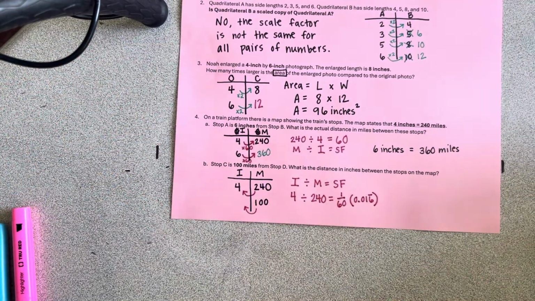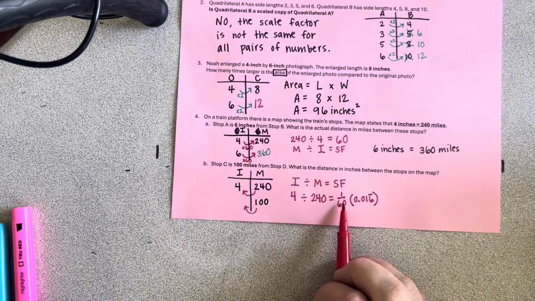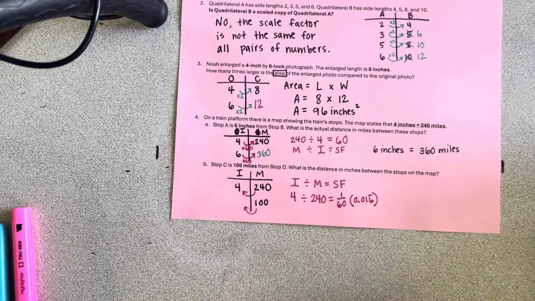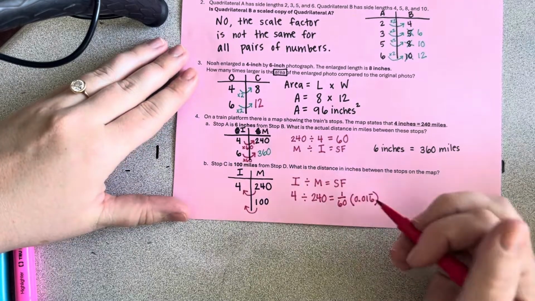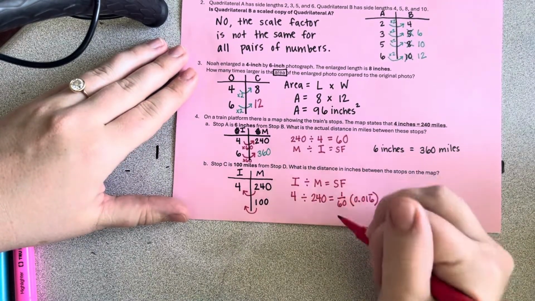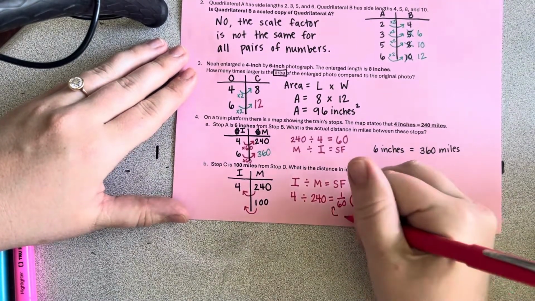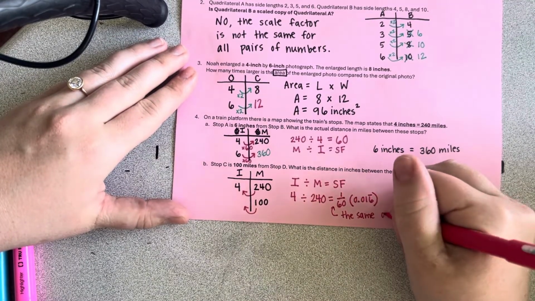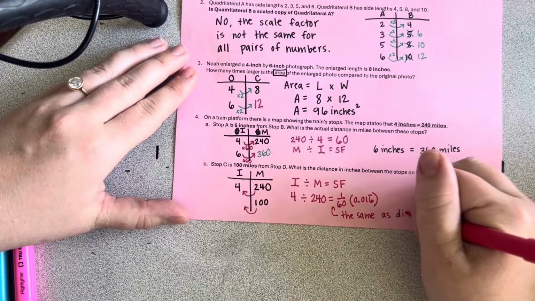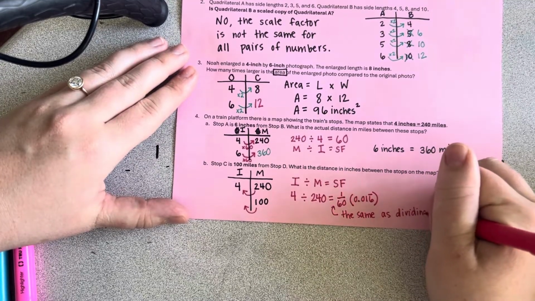That is not a fun number to use. If this is 1/60th or 0.016 repeating, I know based on what we've done in class that multiplying by 1/60th is the same as dividing by 60.